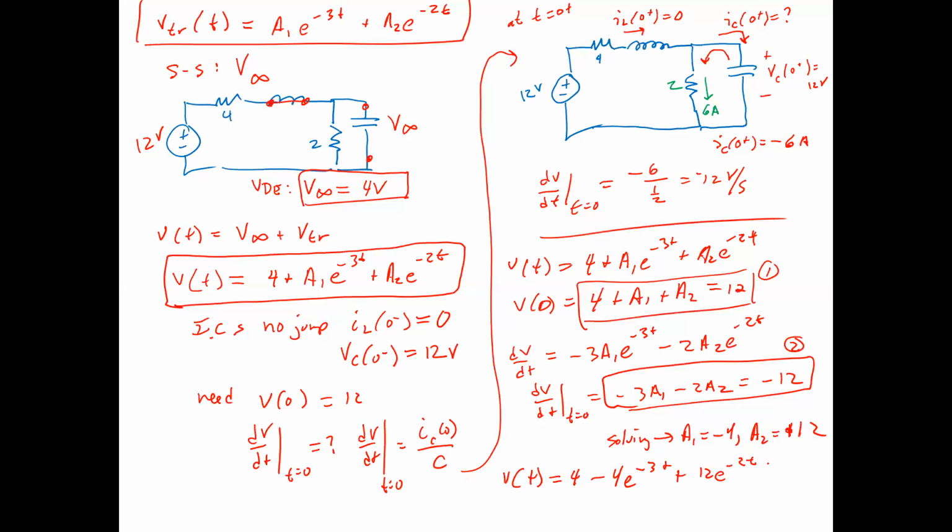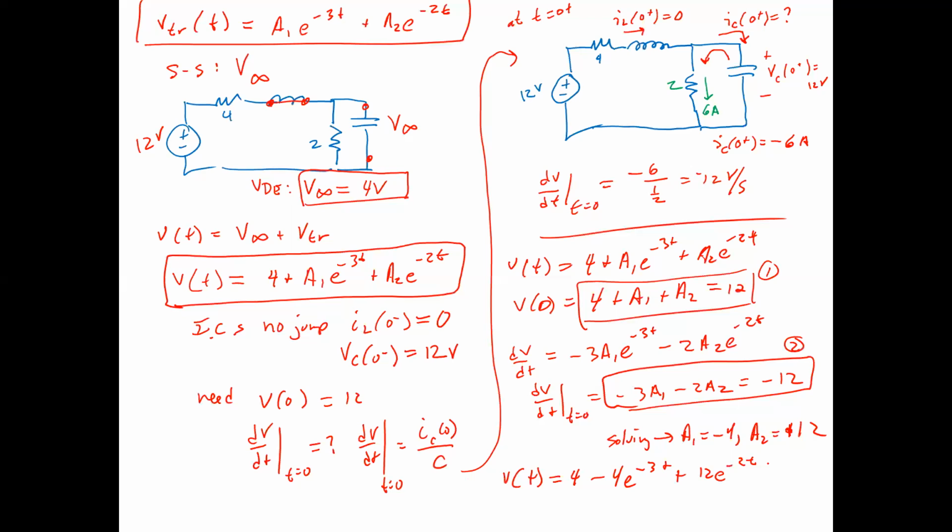Yep, so the initial value, you plug in 0 there, the initial value is 12, and the final value is 4. It goes from 12 to 4 volts, with an initial slope of minus 12 volts per second.